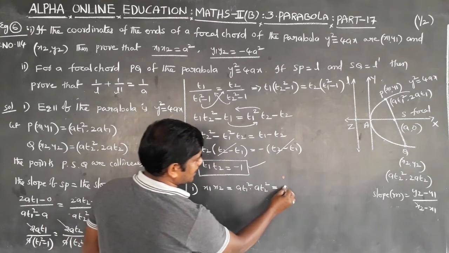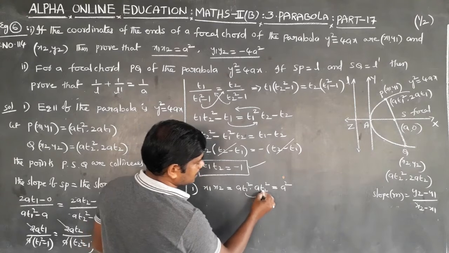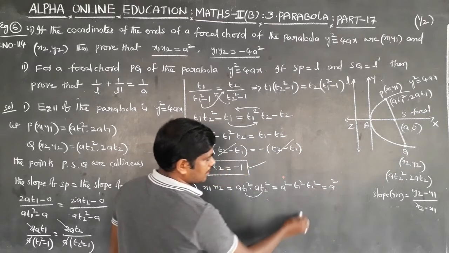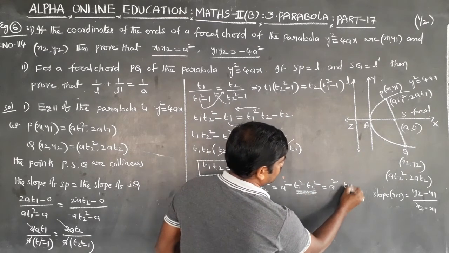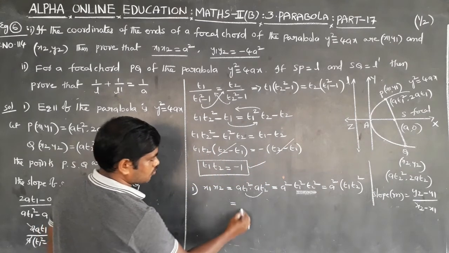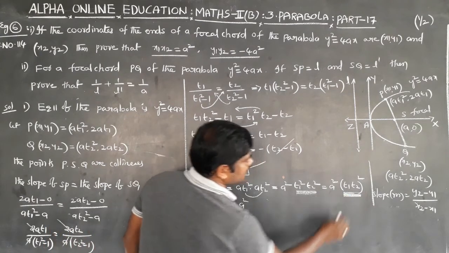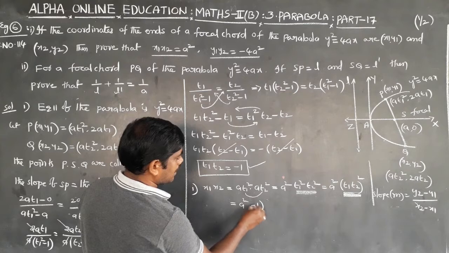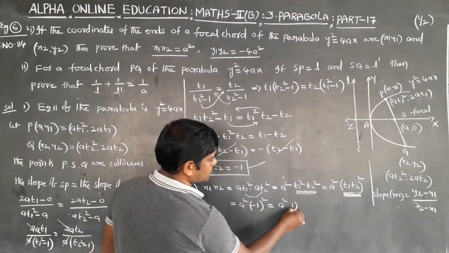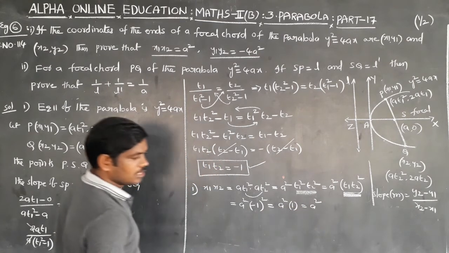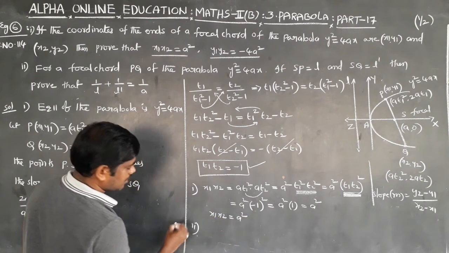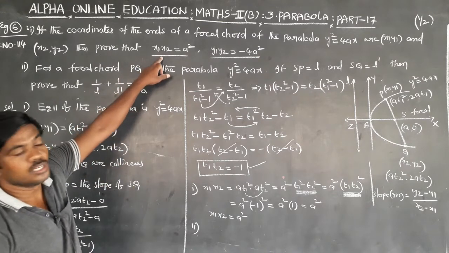Here a into a is a square, t1 square into t2 square is t1 t2 whole square. a square into t1 t2 whole square, substituting minus 1, minus 1 whole square means 1. This is equal to a square. Therefore x1 x2 is equal to a square.